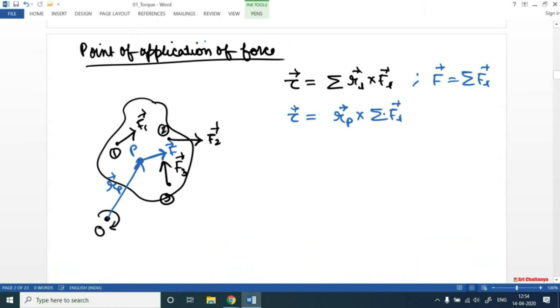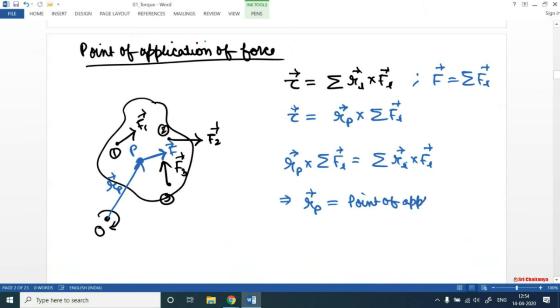So if we equate these two, Rp cross summation of Fi, or net force, must be equal to summation of Ri cross Fi. Solving this equation will give you the position vector of point P, which is the point of application of force.